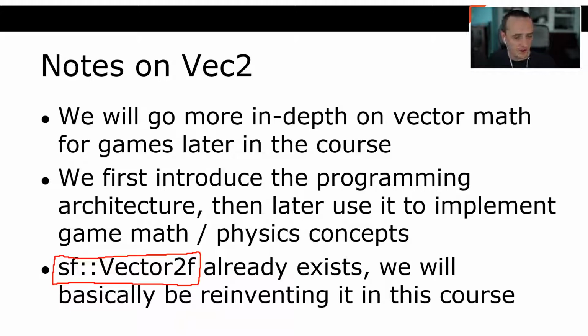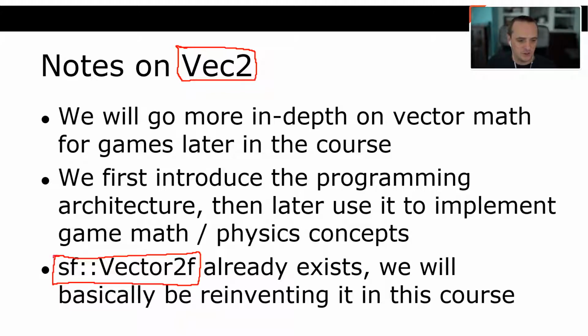That Vec2f class is exactly what we're going to be implementing ourselves. But we're going to be reinventing it because I want you to truly understand what's going on with that class. Not only that, but we're going to be extending the Vec2 class so that it has far more functionality than the built-in Vec2f class, okay?